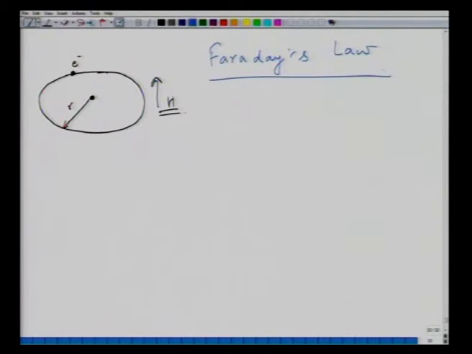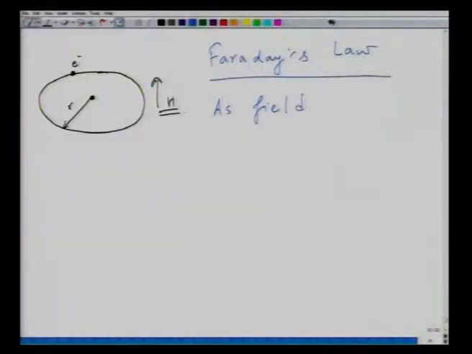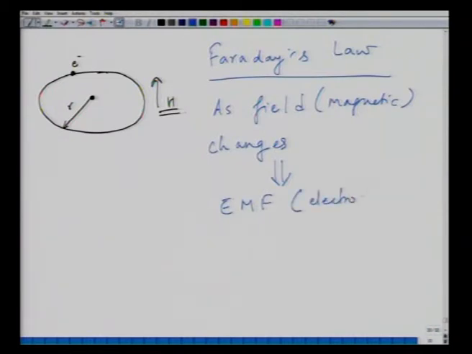Faraday's law essentially says that as the applied magnetic field changes, this change in the magnetic field gives rise to what is called an EMF, or electromotive force, or simply let us say an electric field.